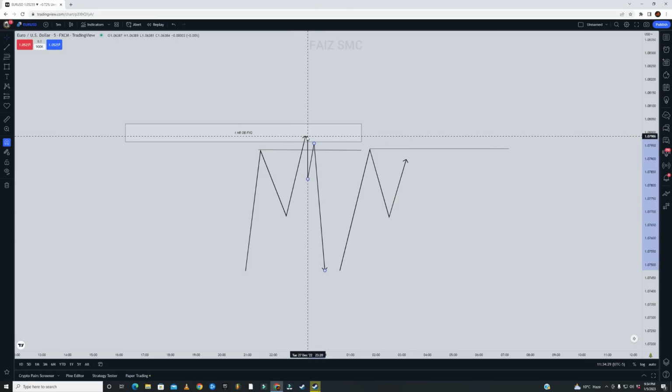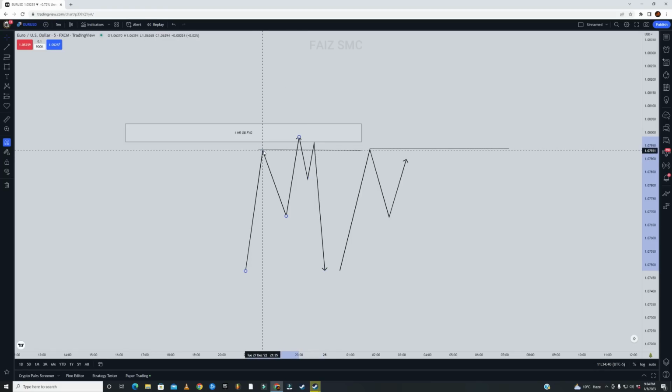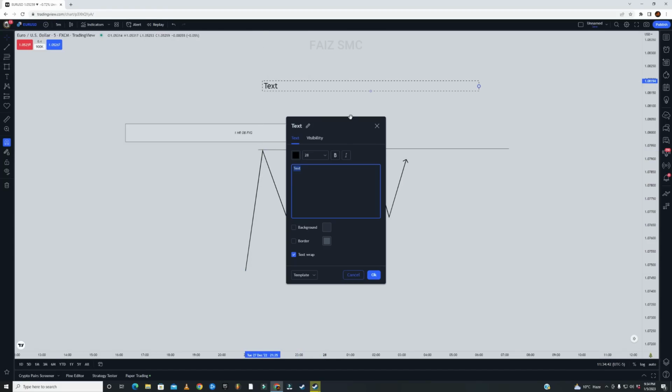But if you want to learn from the original creator, go to the ICT channel and you can learn in more detail, I would say. So when you do these things, guys, you combine SMT divergence plus ABC pattern plus POI. Now you can use SMT divergence standalone.